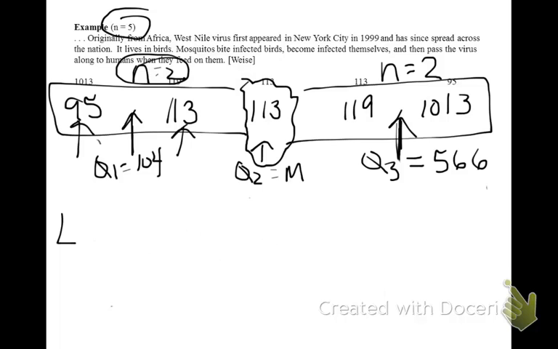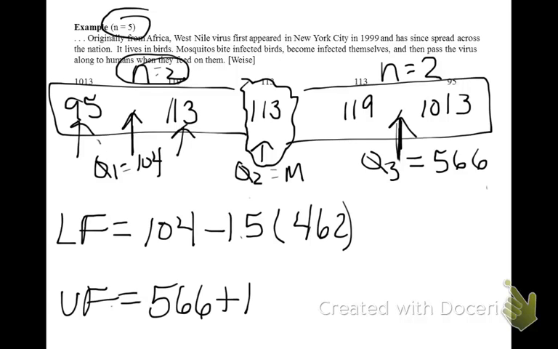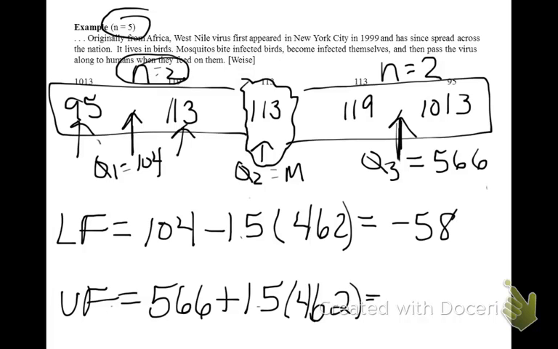Here your lower fence would be Q1 minus 1.5 times your interquartile range. And your upper fence would be Q3 plus 1.5 times your interquartile range. So the lower fence comes out to be negative 589. And the upper fence comes out to be 1259.